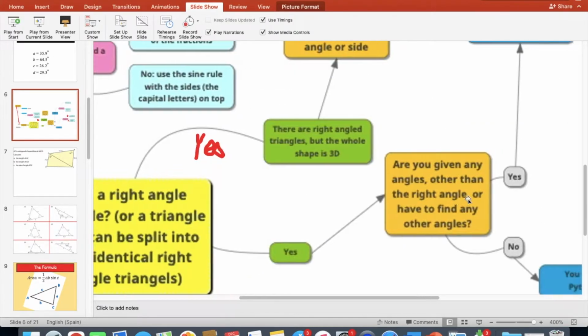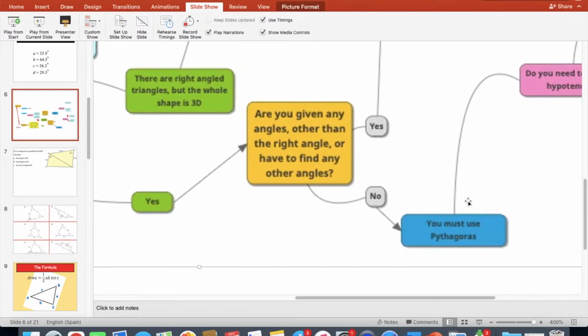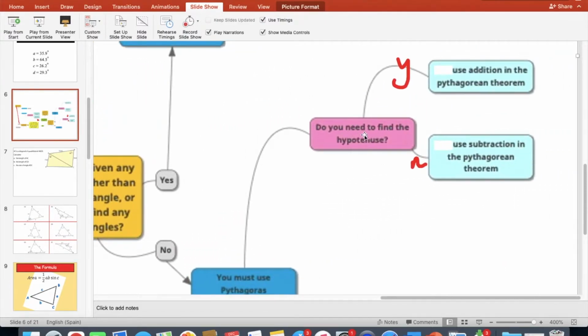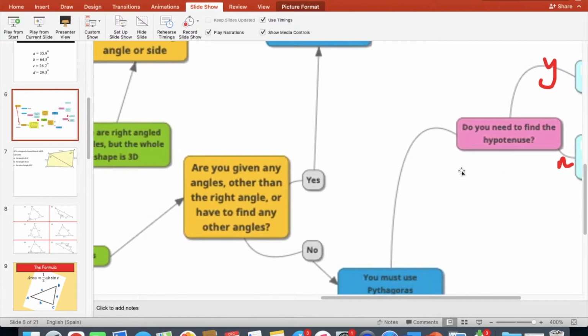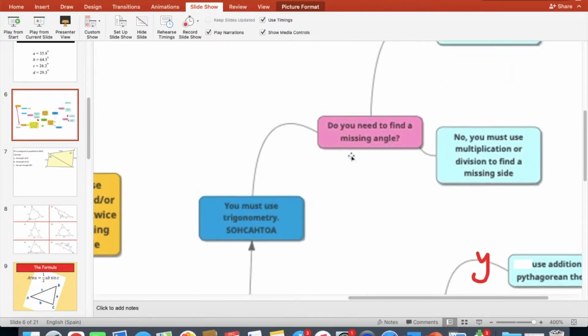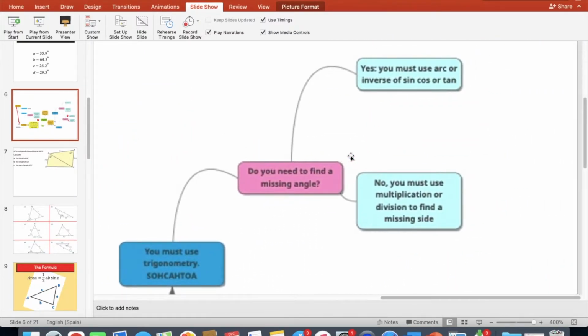What we need to decide is, first of all, is the problem to do with angles at all? And if it's not, it's simply Pythagoras. If you need to find the hypotenuse, we need to use addition in Pythagorean theorem. And if we don't need to find the hypotenuse, we are going to use subtraction. Whereas for trigonometry, we've clearly got to use SOHCAHTOA. There are different things we are going to be using in SOHCAHTOA.